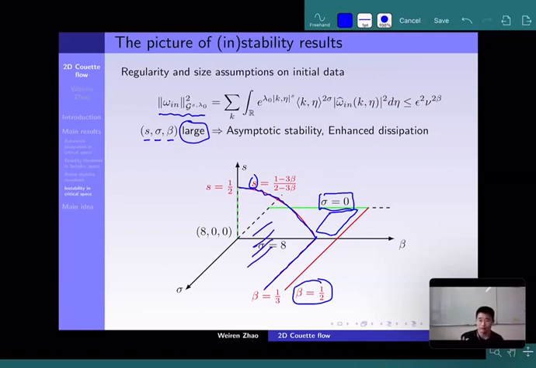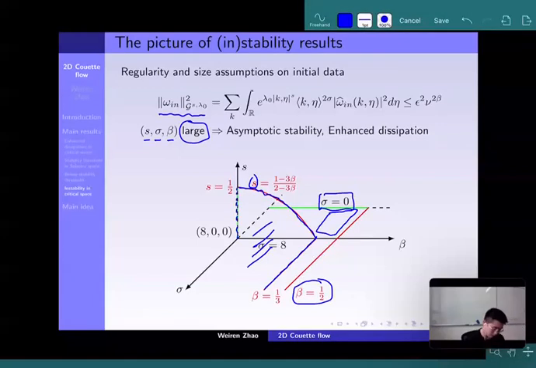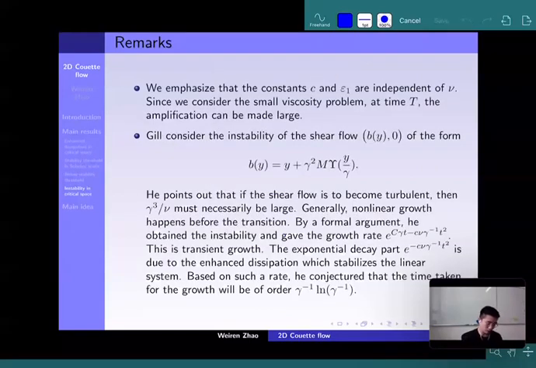Whether you have the instability result or stability result there is also unknown. Also, there is one curve, this one, when s equals half and beta equals 0, for the Euler equation, when nu equals 0, there is an instability result given by Deng Yu and Professor Masmoudi. They proved the instability result. So I also drew this curve here. So yeah, these are all the results we have.